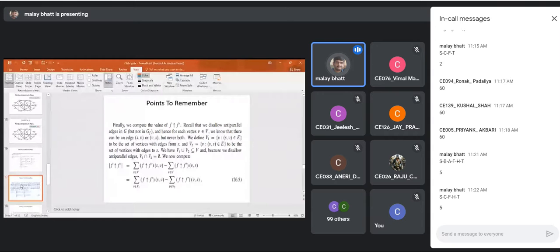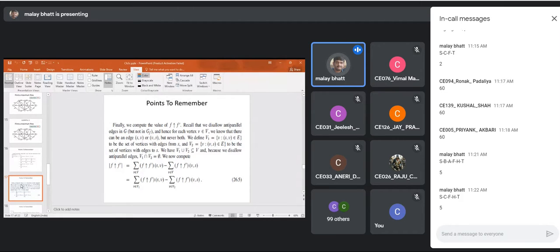So we'll define V1 as the set of nodes such that (S, V) belongs to E, so all the nodes which are outgoing nodes from the source node. Similarly, we have a set V2, which is all the nodes which are incoming to the node S, the set of vertices with edges to S. So V1 union V2 is equal to V. And we disallow anti-parallel edges, so V1 intersection V2 will always be empty.